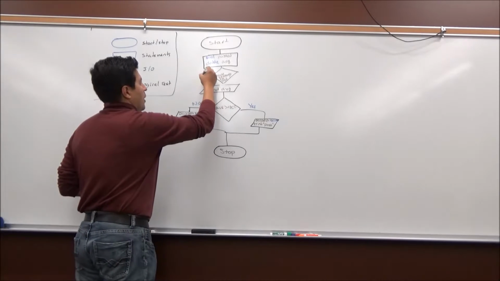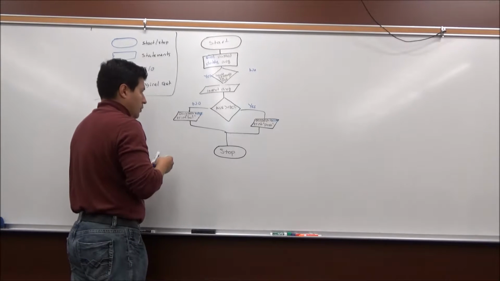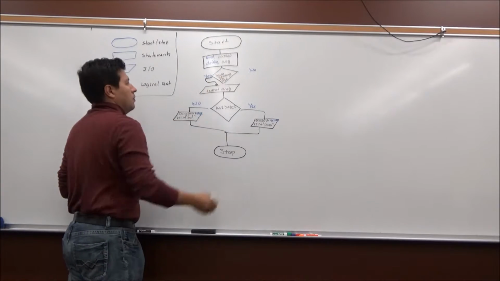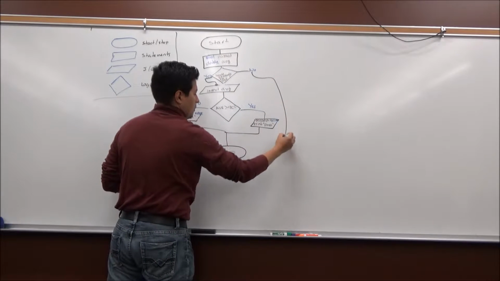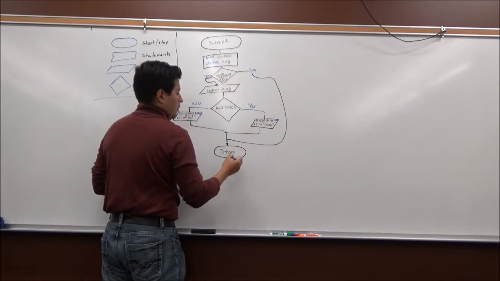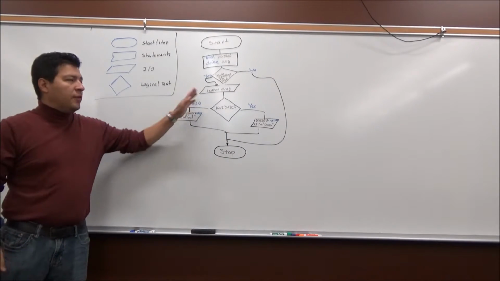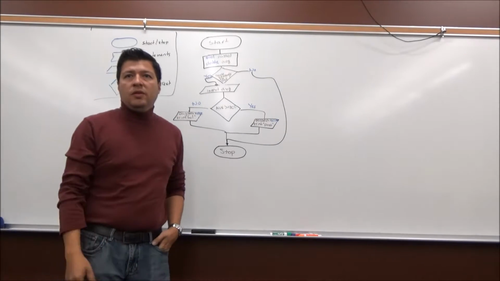So if the answer is yes, that's what's not here. If I have students to calculate, then sure, I'll do the process. If I don't, I just go out. So basically, before I ask the average, I want to know if there's students I need to calculate.